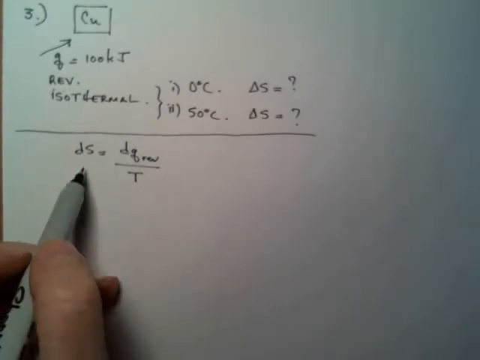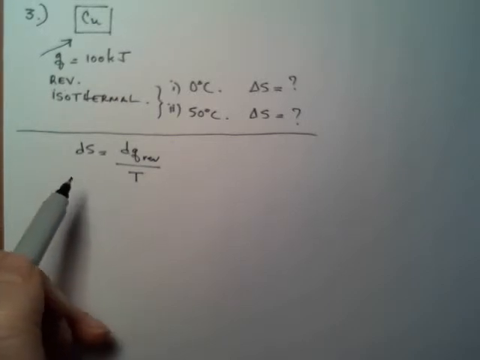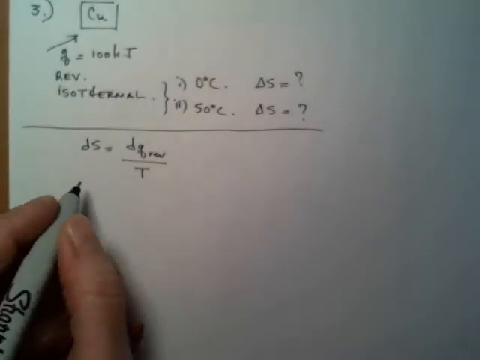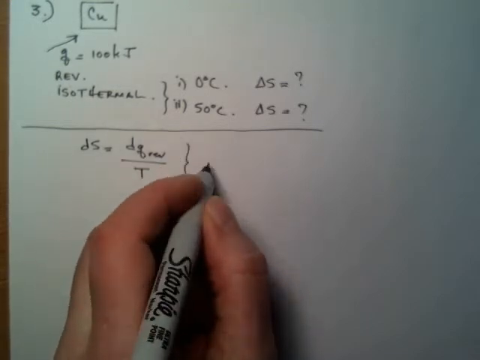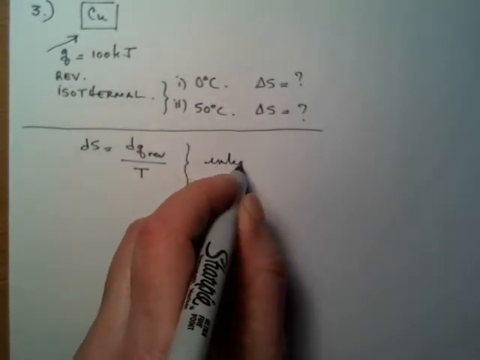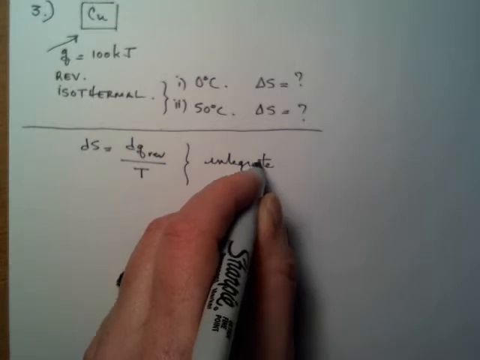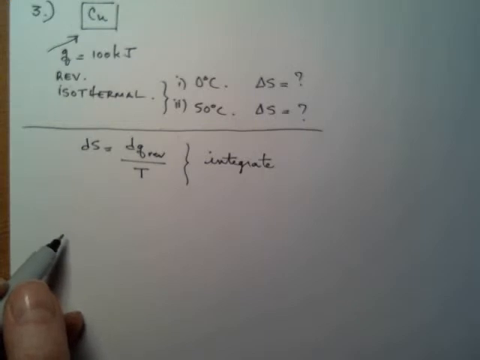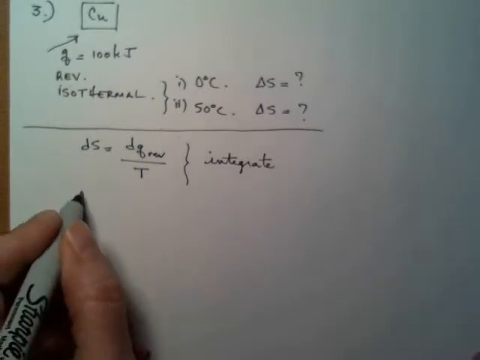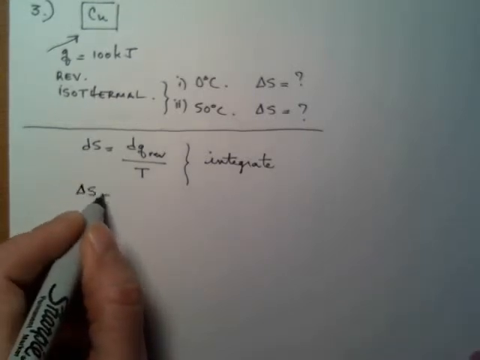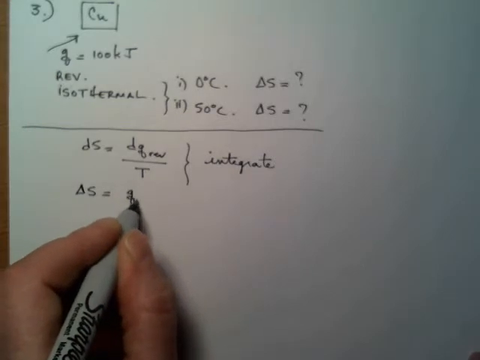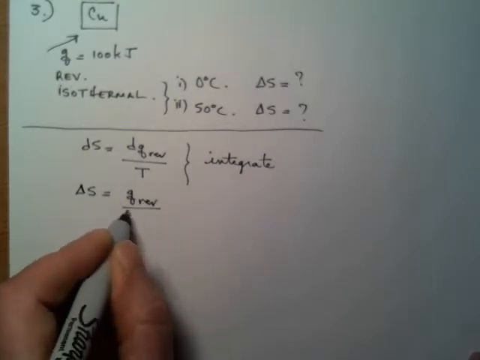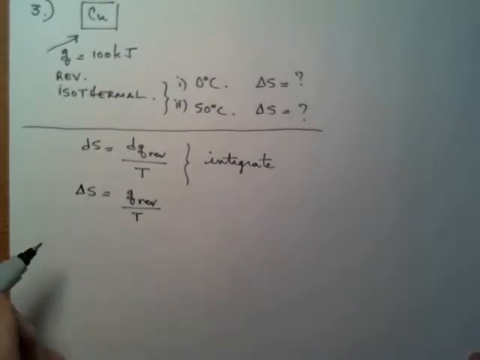And I think I'm ready to just integrate this expression to get delta S. So if I take this and I integrate, the temperature is constant, and so I do have that delta S is equal to the Q reversible over temperature.